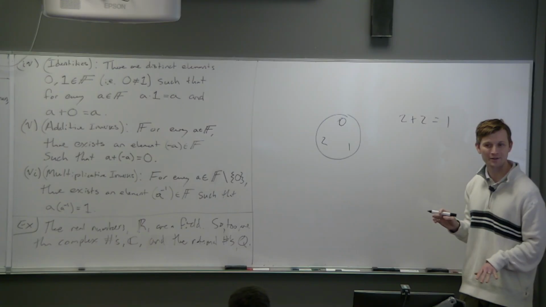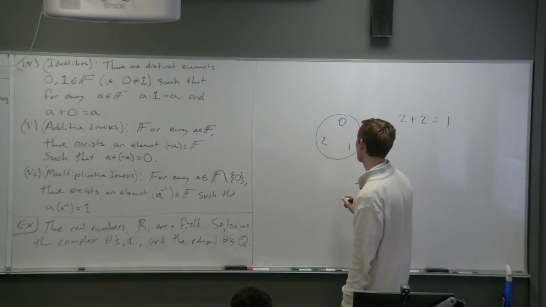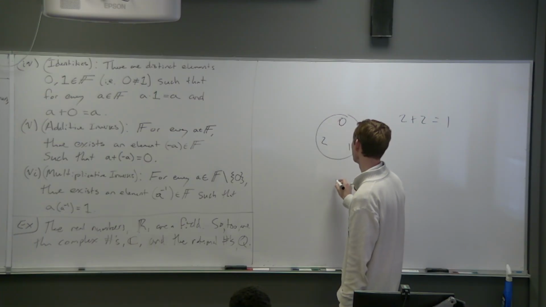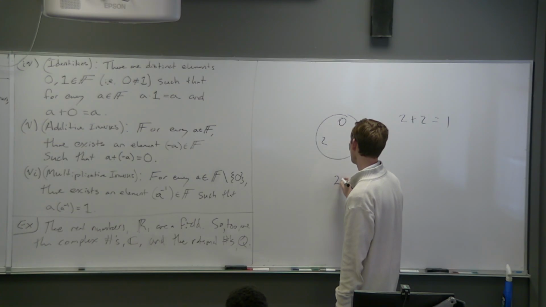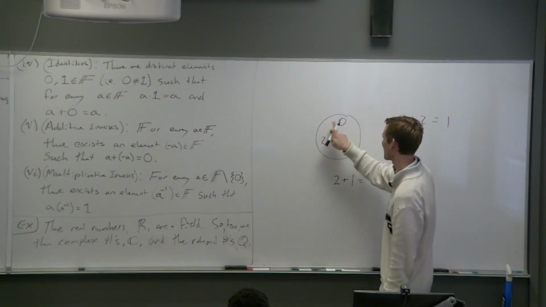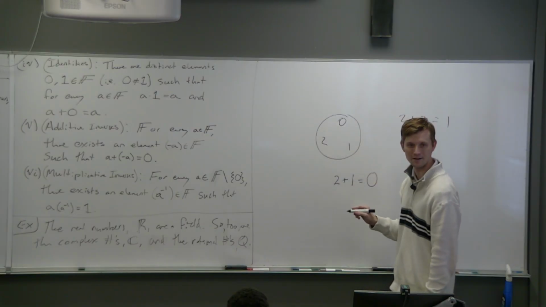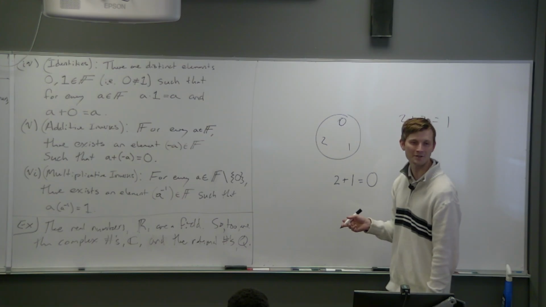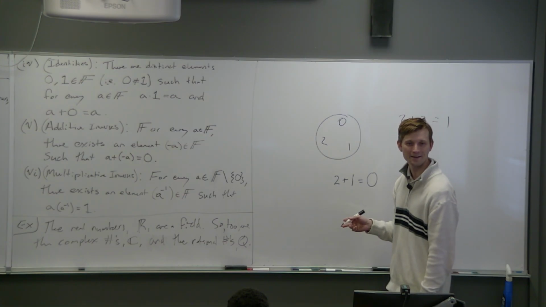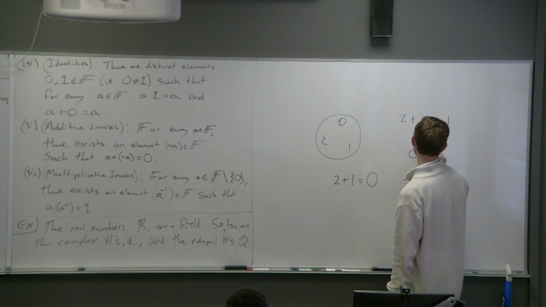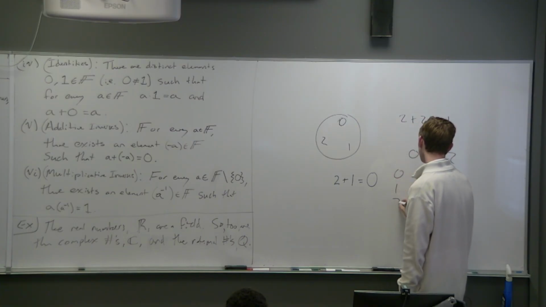Yeah? So, or for instance, if you say 2 plus 1, what would it be? Well, I go 2 and then I go 1 further, I would get 0, right? Or, I mean, the multiplications are easy, right? That is, if we can write out the whole table, I'll go 0, 1, 2, 0, 1, 2.